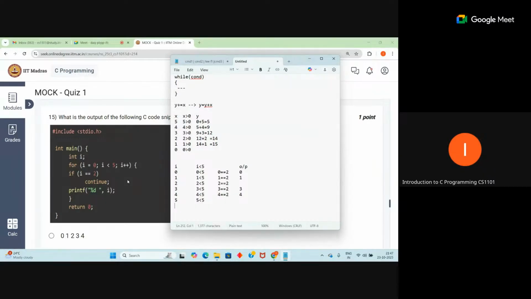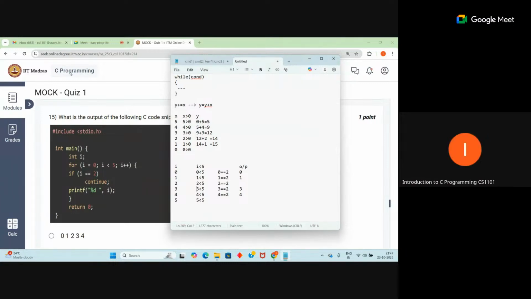Whenever continue comes, all the statements you have after that in that iteration will be bypassed. It won't execute all those. It will go to the next iteration. And for example, if there was a break, it would stop the loop completely. So continue means it will bypass the remaining statements of the current iteration.